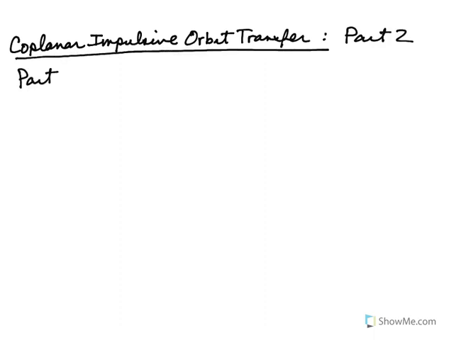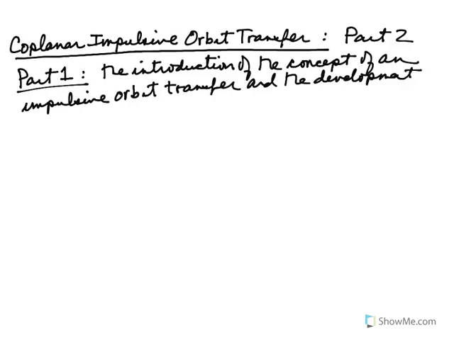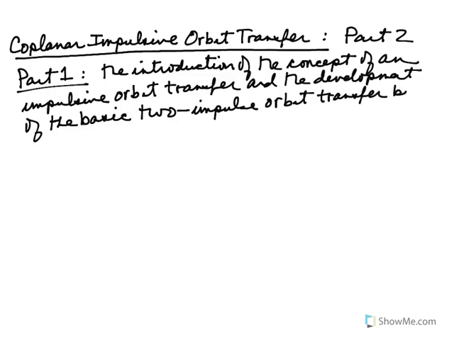So in part 1, the focus was on the introduction of the concept of an impulsive orbit transfer and the development of the basic two-impulse orbit transfer between coplanar circular orbits.